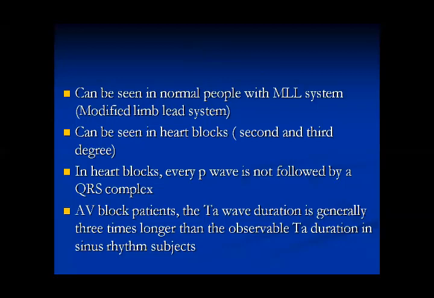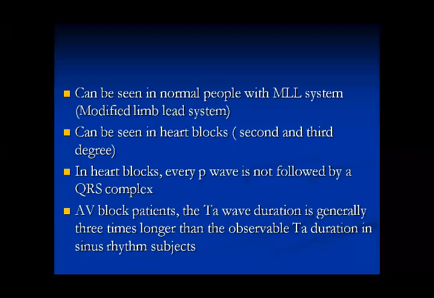This atrial repolarization wave, as I have told you before, cannot be seen on a standard limb lead system in a normal person, but it can be seen with a modified limb lead system in a normal person, or it can be seen in heart blocks, in pathology, in second and third degree heart blocks, which you will study in the next chapter.